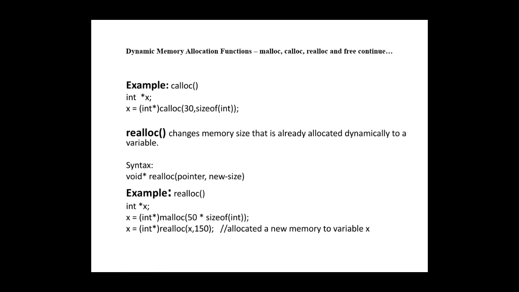Instead of 100 bytes, now the size of memory will be 150 bytes. We have passed the pointer x to the realloc function because this will change the size of the memory pointed to by pointer x. Again we are using x to point to the newly allocated bytes.